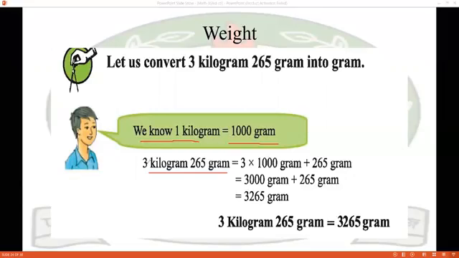We have to multiply 3 with 1000. Then it is converted into gram, 3000 gram. Then we have to add 265 gram with it. So the total is 3265 gram. So 3 kilogram 265 gram is equal to 3265 grams. In this way we can convert from kilogram to gram.